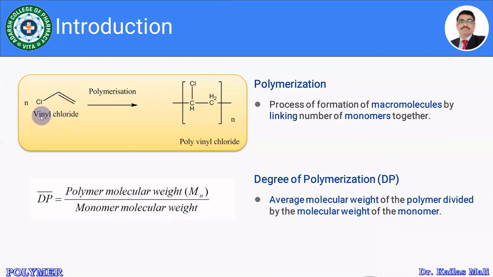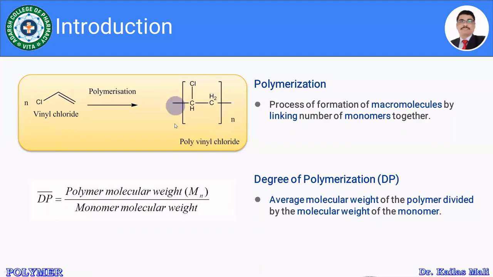For example, vinyl chloride: by polymerization, we will get the polyvinyl chloride. When vinyl chloride is polymerized, we will get the polyvinyl chloride.